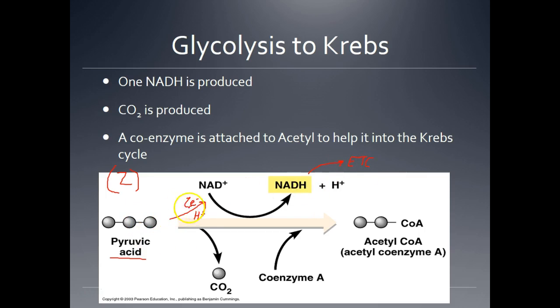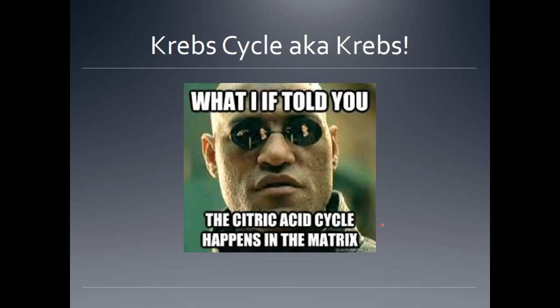And when we take these electrons and hydrogens off, it's going to remove this carbon, which will be released as carbon dioxide. Remember, this coenzyme A has to jump on to this 2-carbon acetyl, creating acetyl coenzyme A. And the coenzyme A's job is to act as that usher, and it's going to usher or lead this acetyl into the Krebs cycle. Okay.